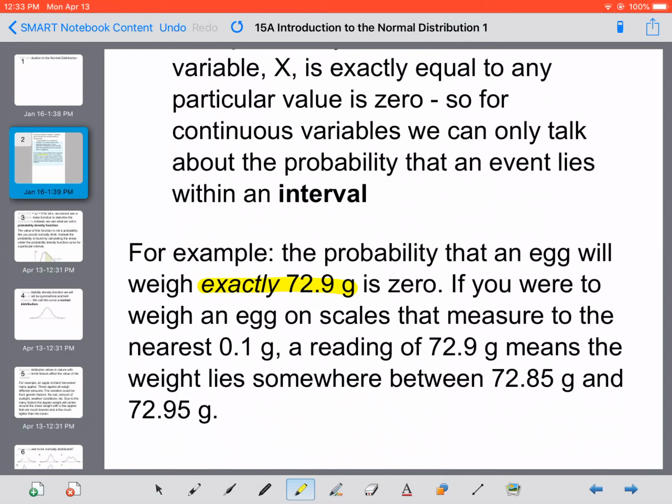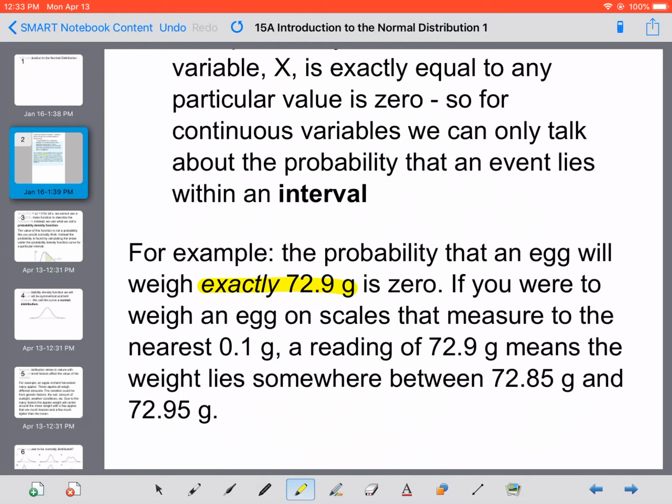So if we were using a scale that rounds to the nearest 0.1 grams, to get 72.9, that weight is going to fall between 72.85 and 72.95. Anywhere between there would round to 72.9. So because of that, to get exactly 72.9, it is zero.